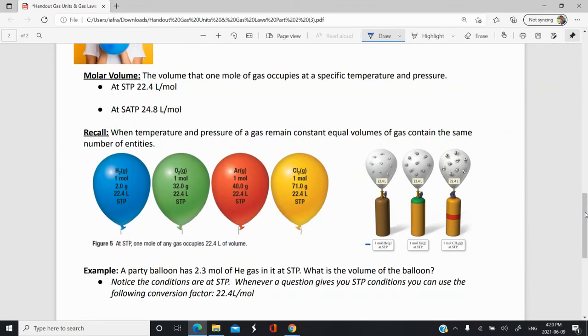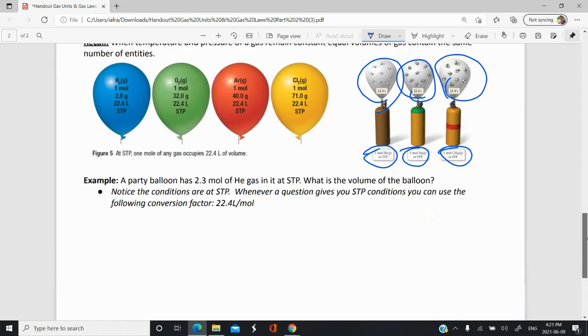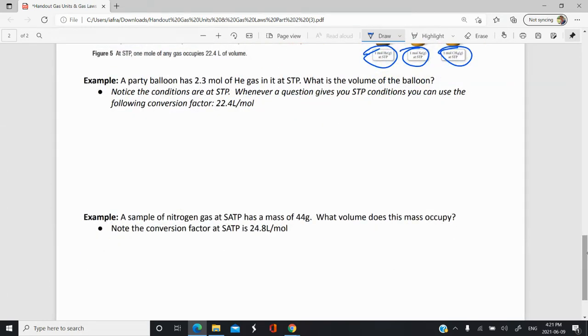We have 1 mole of our different substances, helium, xenon, and CH4 at STP, and they'll all occupy 22.4 liters. Again, that's at a specific temperature and pressure. It's specific to that. So let's do our example here. A party balloon has 2.3 moles of helium in it at STP.